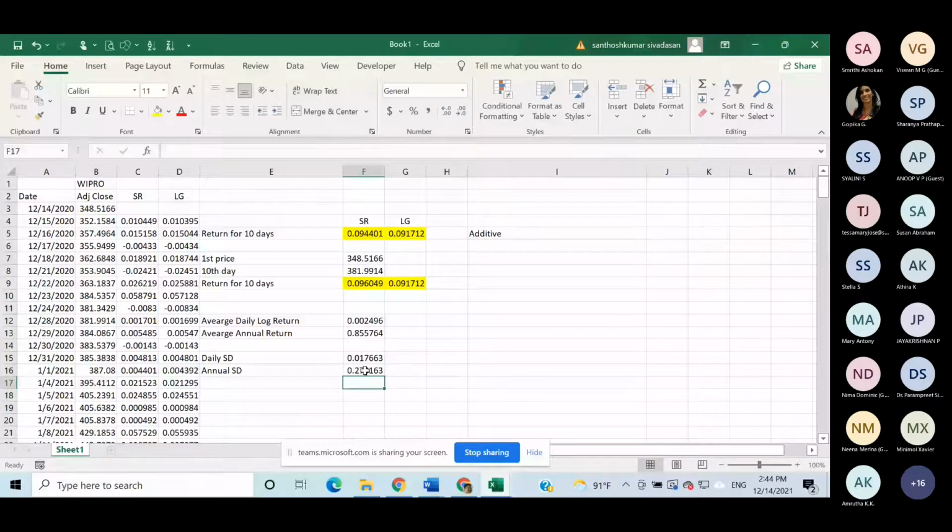So we have computed the return and risk of a single stock.